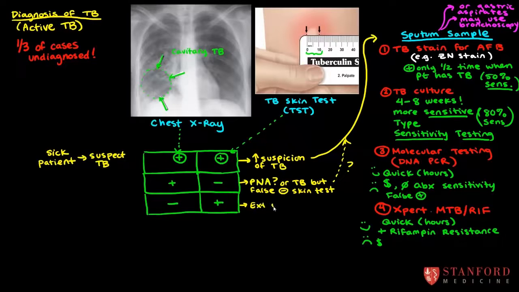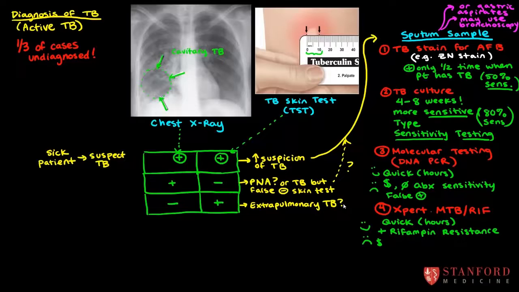So if you have signs of infection outside of the chest, for example, a swollen lymph node, or a problem in the genitourinary tract, or the bones, and you're thinking TB is a possibility, then you may see that positive skin test, negative chest x-ray, and then your sampling will not be sputum, because they don't have anything in their lungs as far as you know.